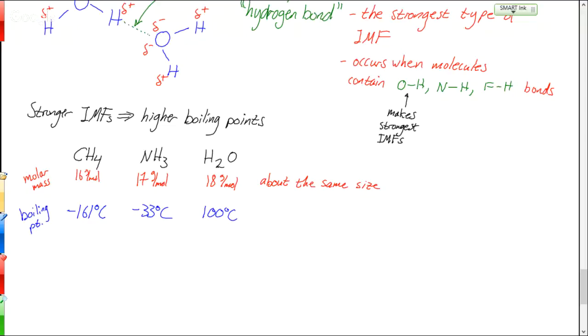So what this is showing is, even for the same size molecules, as the types of forces change, as the intermolecular forces strengthen, the boiling point goes up. It takes more and more energy to separate these molecules from each other. The one with the very, very low boiling point is methane, which we've already talked about is nonpolar. And then the other two are polar.